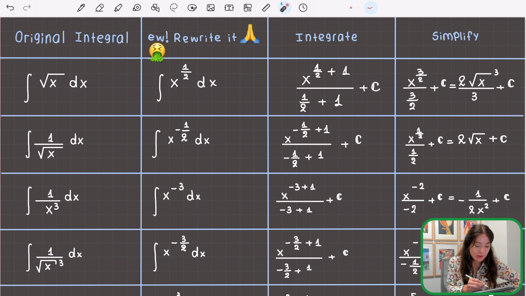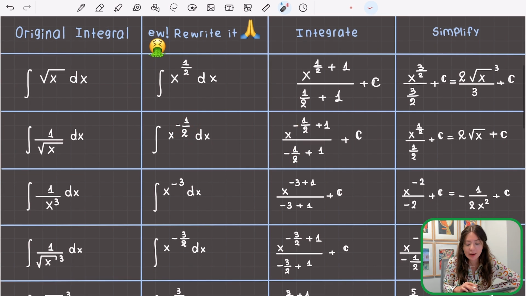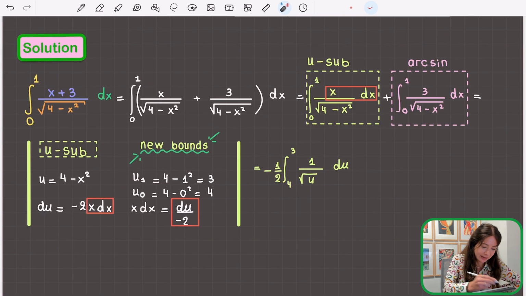It's best to rewrite it like this, so you recognize that you're going to be using the power rule, where the power of x, n, is this whole thing, and you treat that as n. Then you go forward with your power rule, you simplify it, and this will be the answer to this integral. There are several of these that you want to have solved on a separate paper. You can screenshot that.